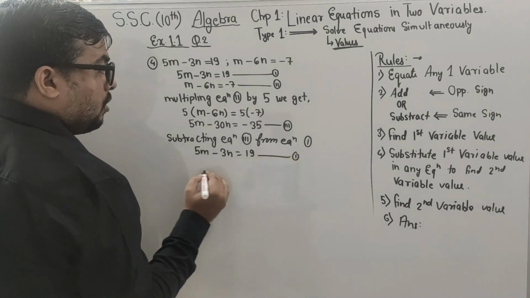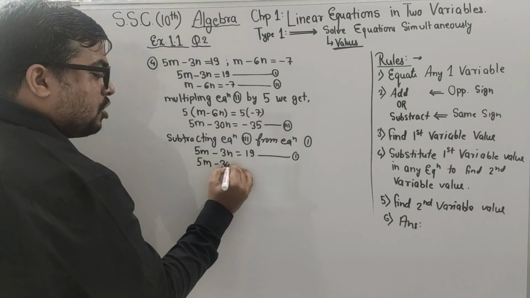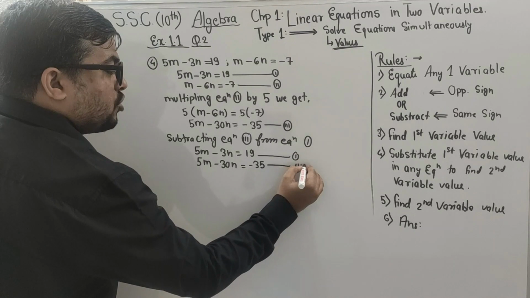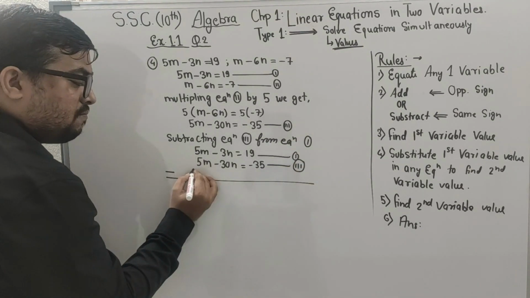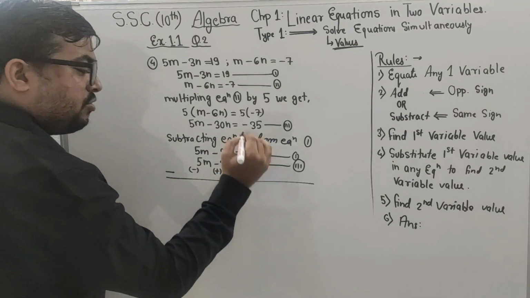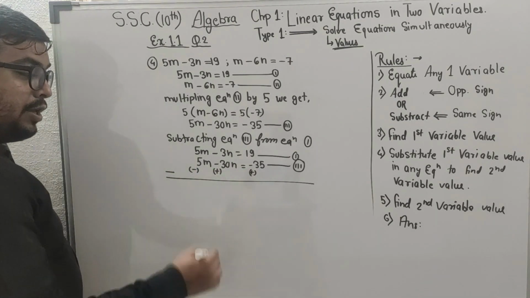Equation number 1. What is equation number 3? 5m minus 30n is equal to minus 35. Equation number 3. In case of subtraction, you have to change the symbol. Negation, positive, positive. Minus, plus, plus.